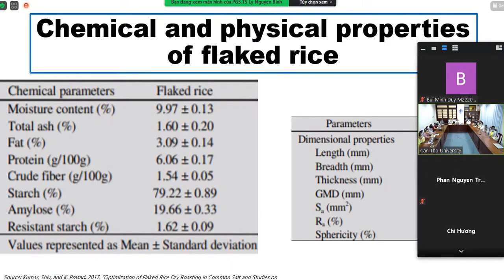Here are the physical properties of flaked rice: length, breadth, thickness, GMD, SA, RA, and sphericity.